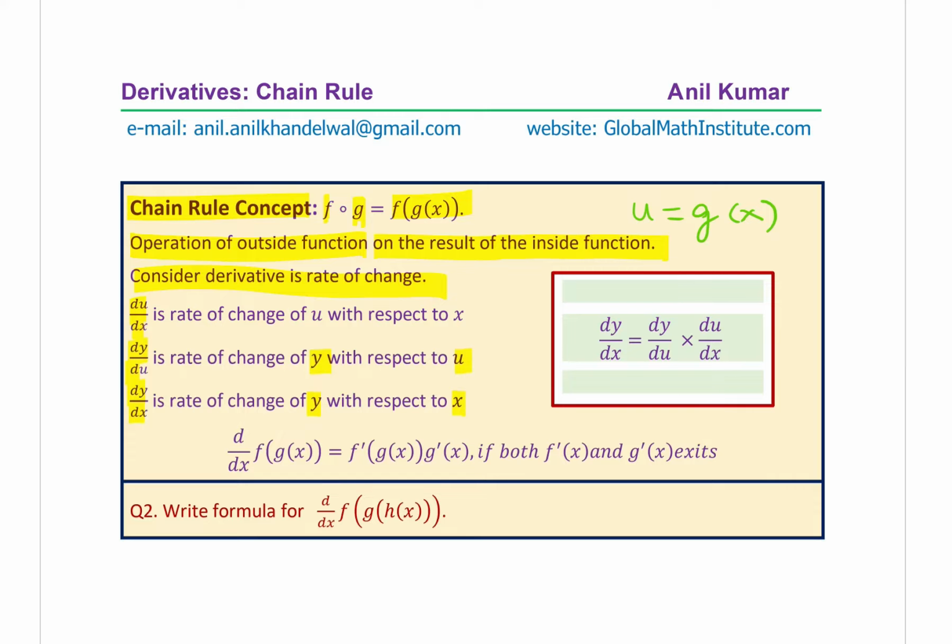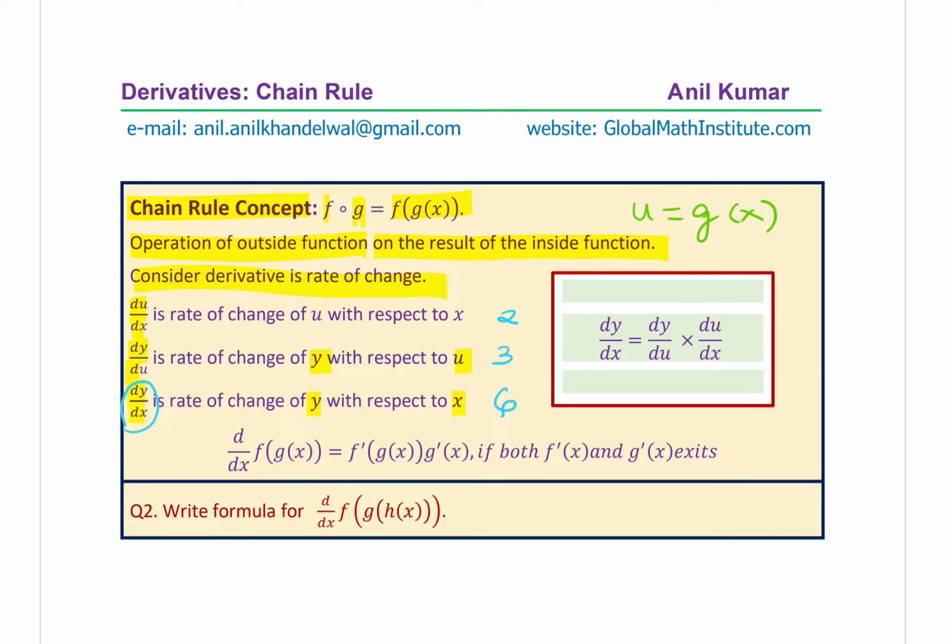Now think like this. We say the rate of change du dx is, let us say, 2, and the rate of change dy du is 3. Then what will be the rate of change dy dx? They will get multiplied, right? So it will be 6.